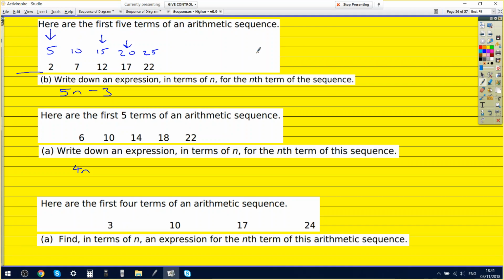From left to right it's plus 5, so if you went backwards and found the term before 2, what would that term be?